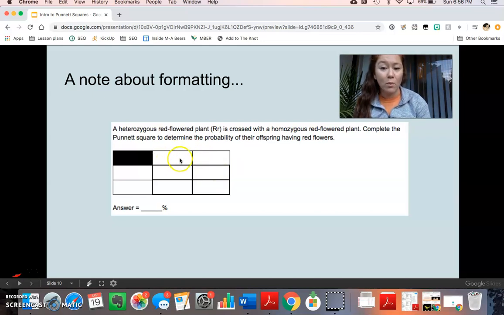Like this would be one sperm cell, so there should only be one letter in each outside box. It's like one egg cell. The outcomes, which have two letters, would be in the middle part of the box. This is blacked out because you aren't typing in there. So you're just going to be typing directly into those boxes to fill out these Punnett squares instead of doing them on paper.